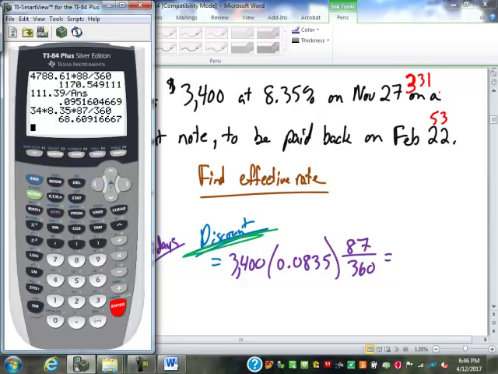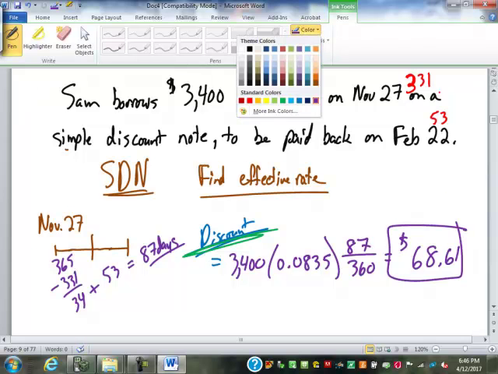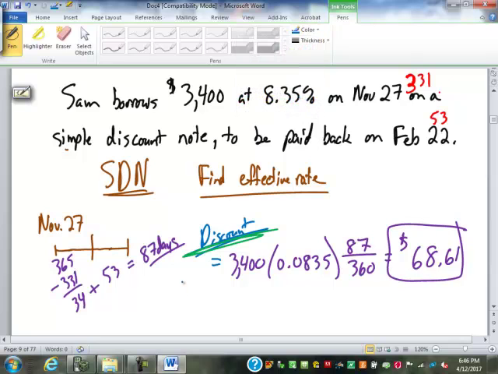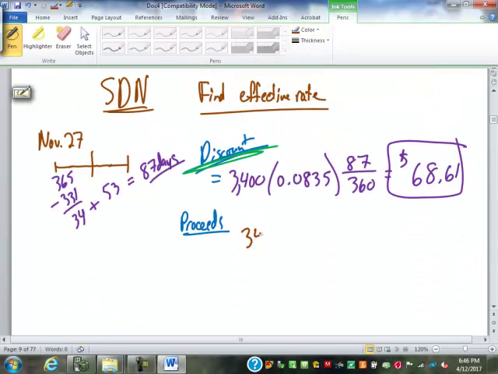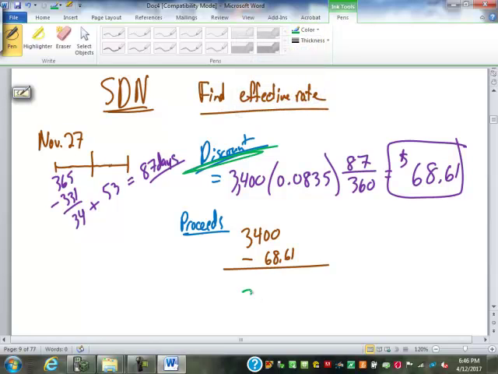So just to confirm, we've got $68.61 as our discount. So our proceeds, 3,400 minus 68.61, giving us $3,331.39.